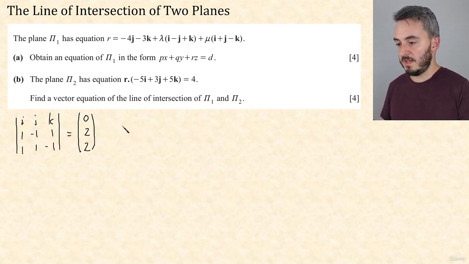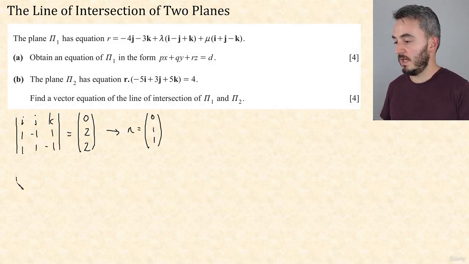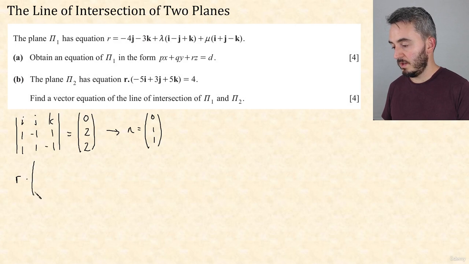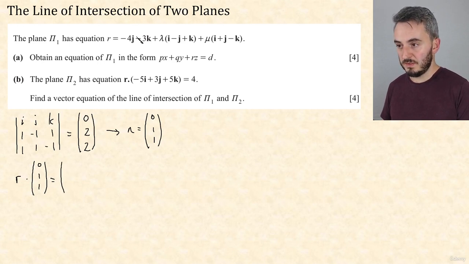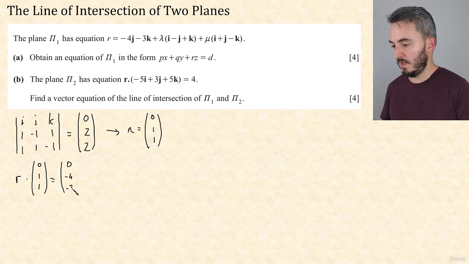Okay, so it's that, but because we just wanted any perpendicular of any length, I'm going to take 0, 1, 1, just for ease. So then I can say it's r dotted with this normal, 0, 1, 1, equals any point on your plane. So for example, the position vector here, which is 0, minus 4, minus 3, also dotted with that normal.